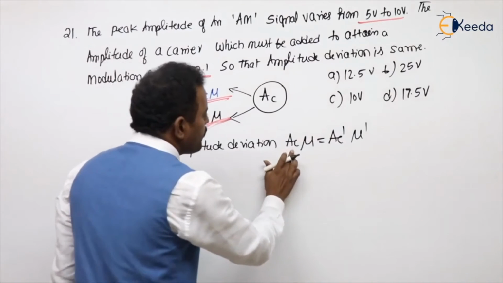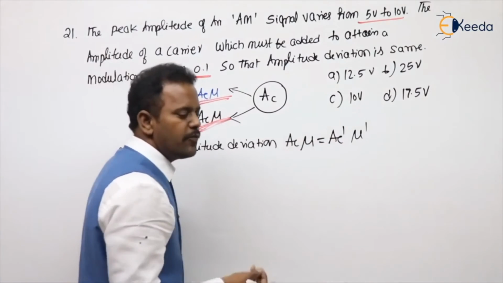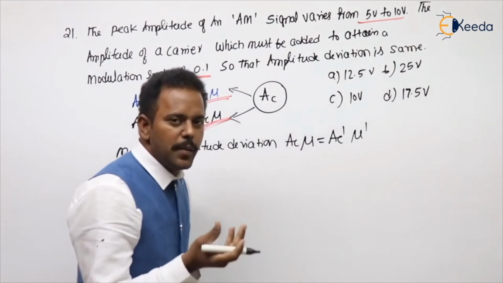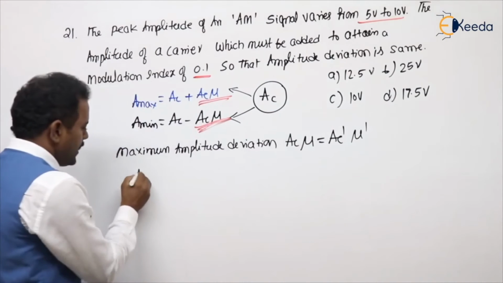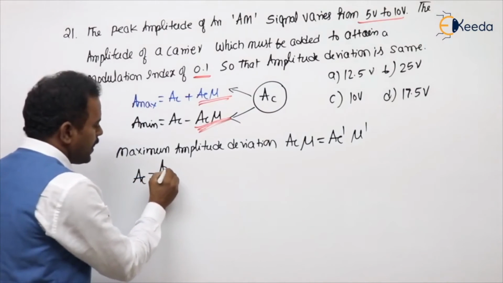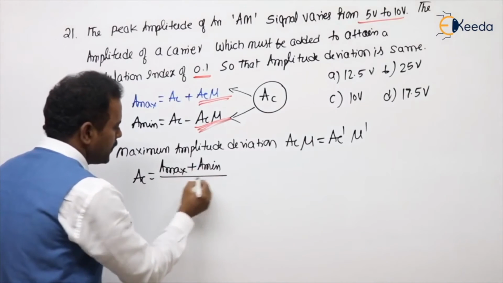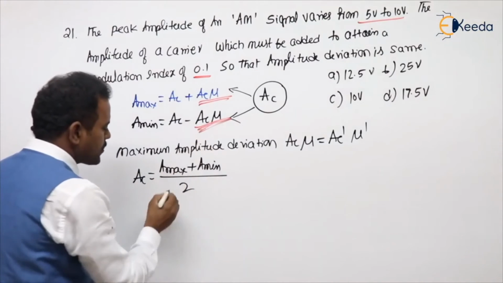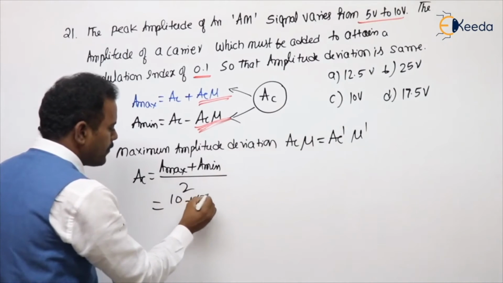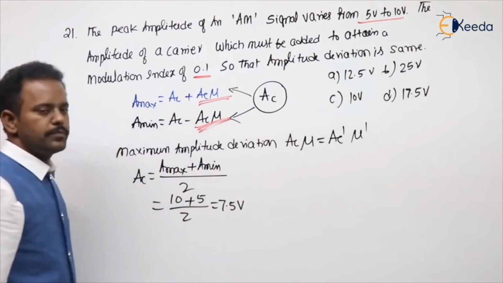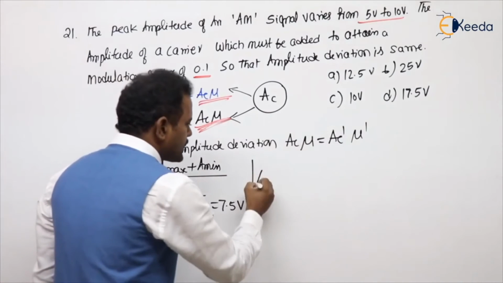What is the initial value of AC, sir? AC formula is A max plus A minimum by 2, because peak values are given. What is the A max value given there? 10, A minimum 5, by 2, 7.5 volt. What is the modulation index, sir?